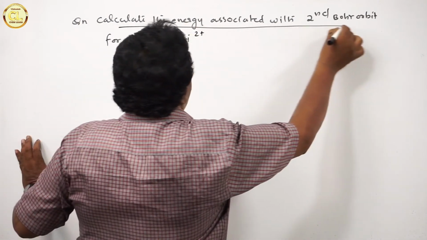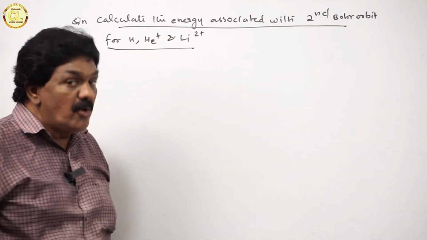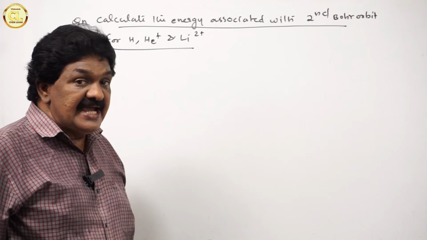We are asked to find the energy associated with the second Bohr orbit of three species, namely H, He plus and Li 2 plus.